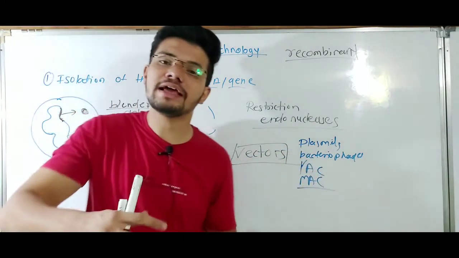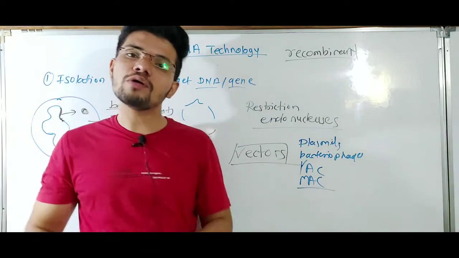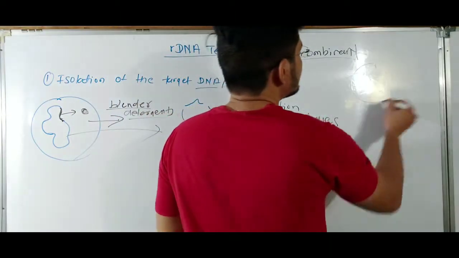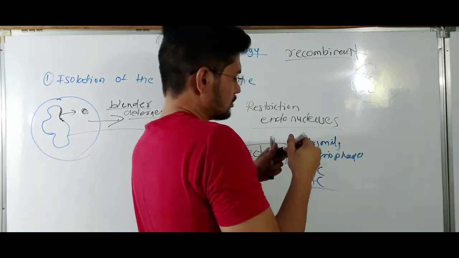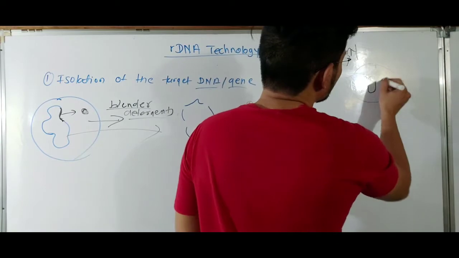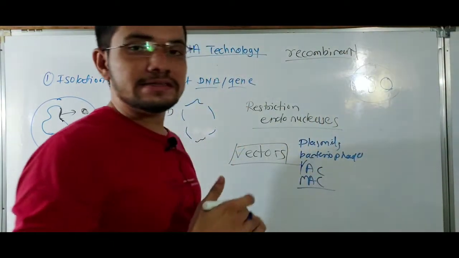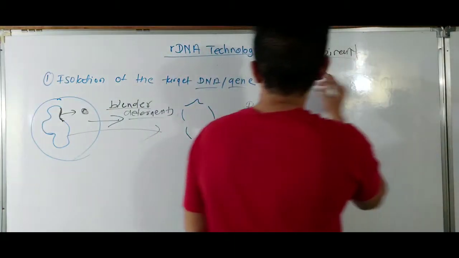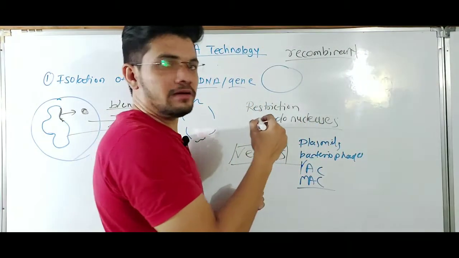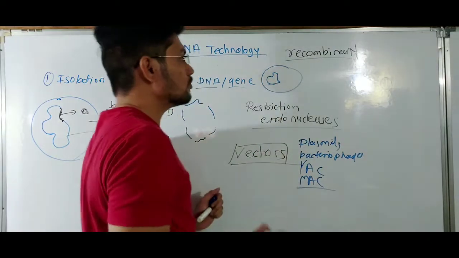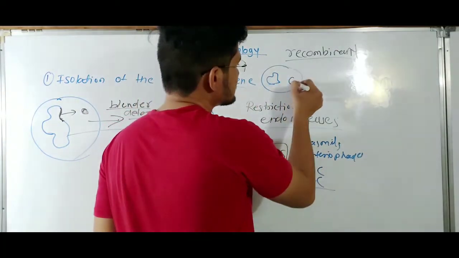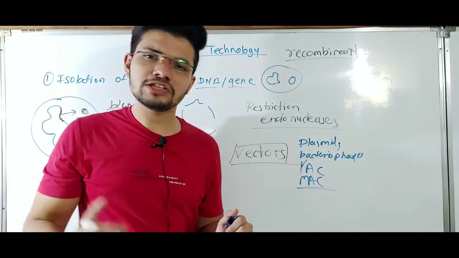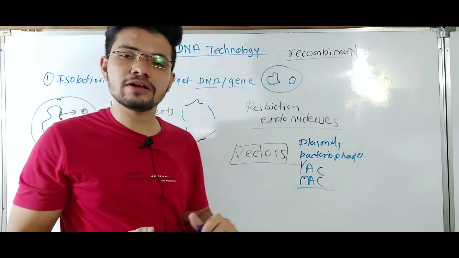We know plasmids are the extra chromosomal DNA found in the bacteria mainly. Suppose this is the bacteria and this is the bacterial chromosome. So this will be the extra chromosome present inside some bacterial cells, and it contains specific and special genes which are not present in the main chromosome.